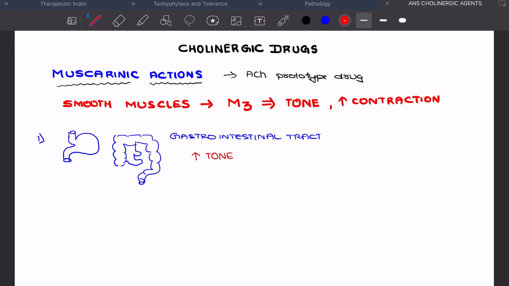There will be increased peristalsis, and at the same time there will be relaxation. Please remember, there will be relaxation of what? Sphincter muscles.